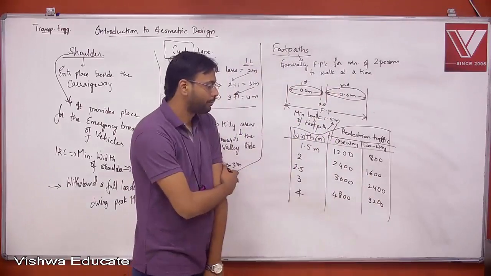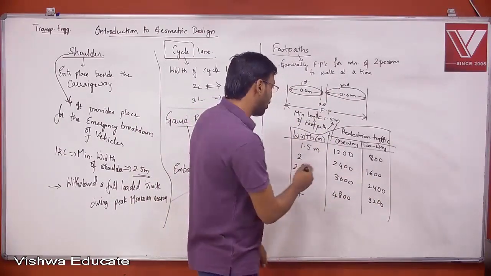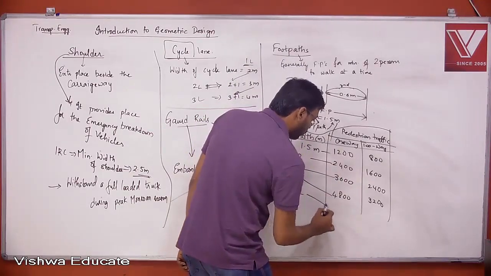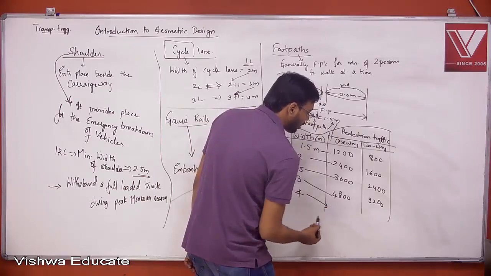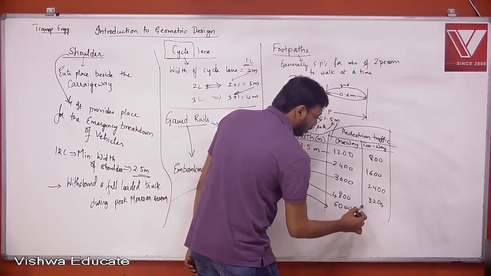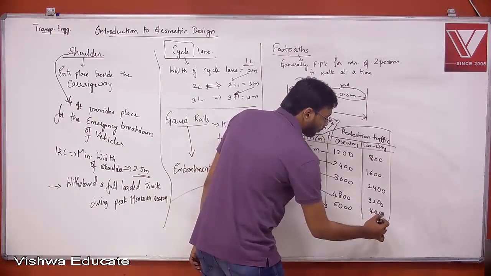Right? So here you have 5 values. The fifth value will be 4800 plus 1200, that is 6000. And here it would be 3200 plus 800, that is 4000.